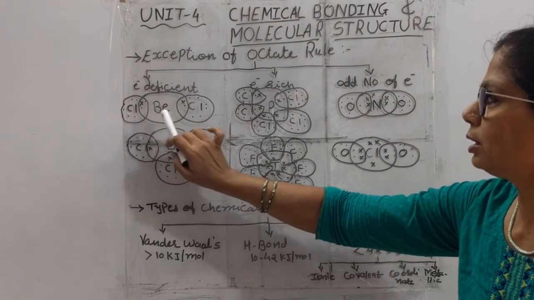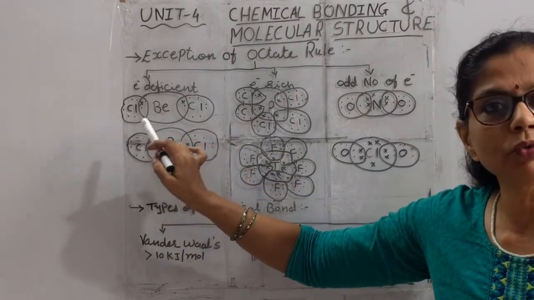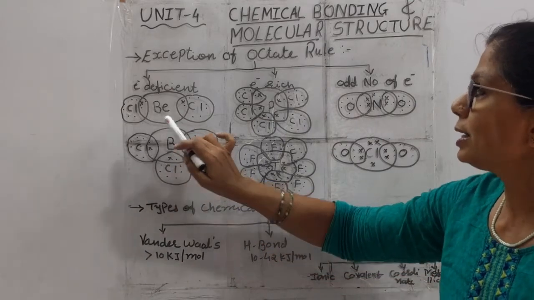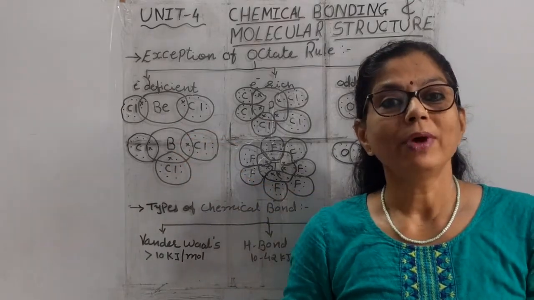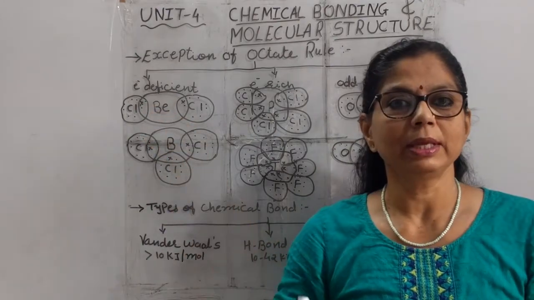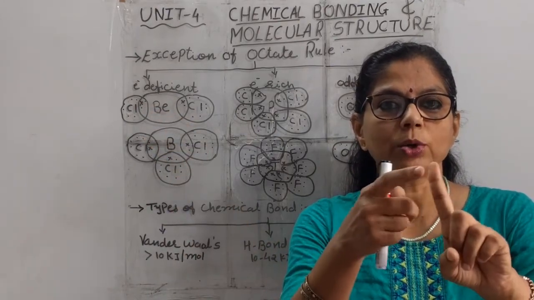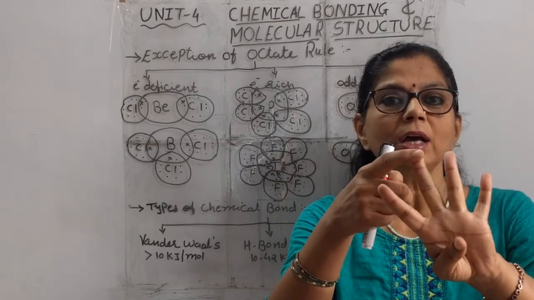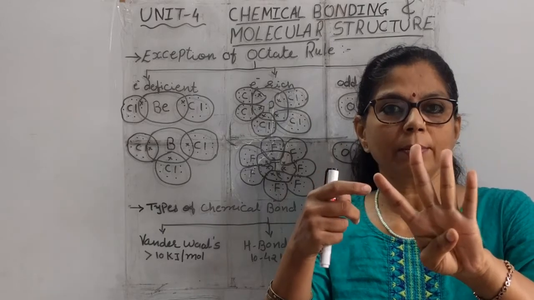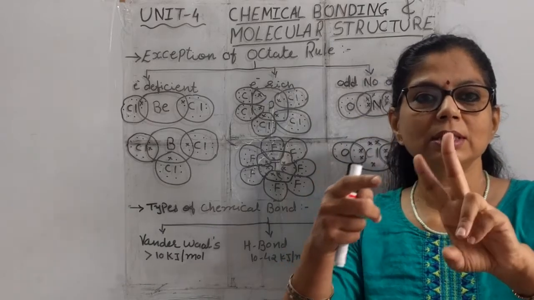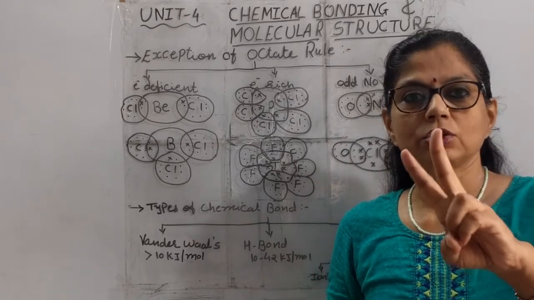Here I have taken the example BeCl2, which in the previous video was the last topic. What is the valency of beryllium? Be means beryllium. As you know, hydrogen, helium, lithium and beryllium. Beryllium has atomic number 4, which means beryllium possesses 2 valence electrons.